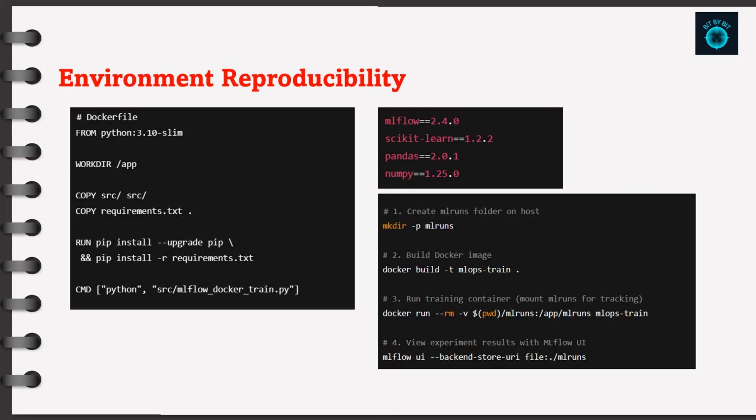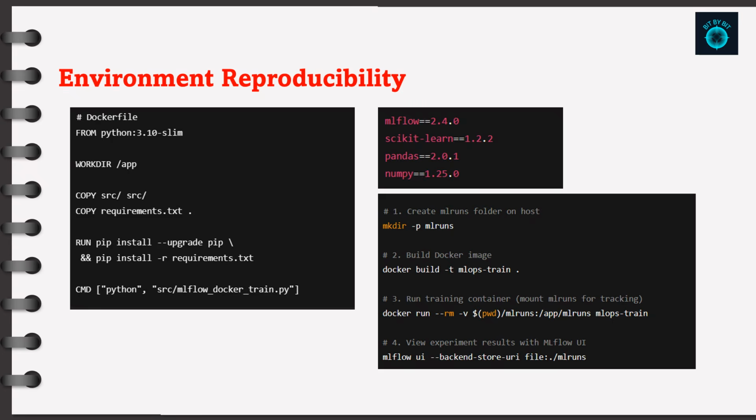With those files ready, we move to the terminal. First, create an mlruns folder on your host machine. This is where MLflow will store experiment logs and artifacts. Next, build the image using docker build -t mlops-train . The period means the current directory, where the Dockerfile is located.